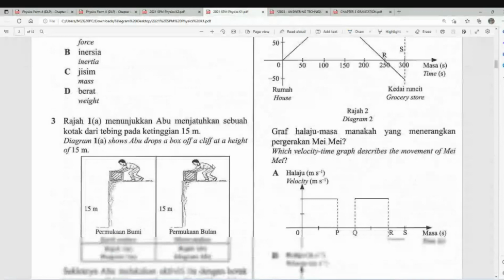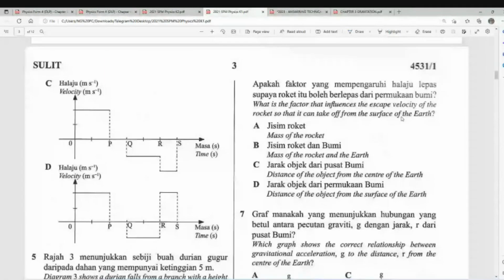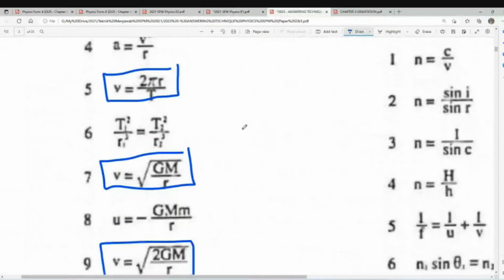For question 6, you see here, what is the factor that influences the escape velocity of the rocket so that it can take off from the surface of the Earth? So here, it's asking about the escape velocity. Once you are clear about that formula, from the formula you can see which one is escape velocity.